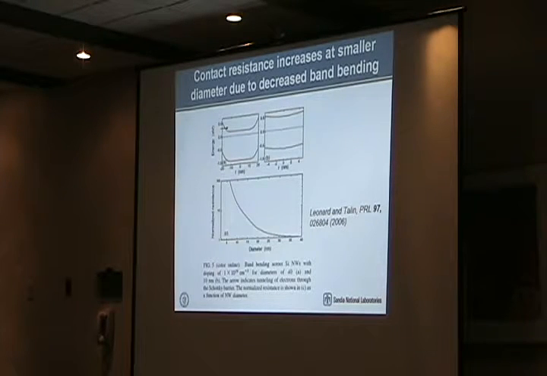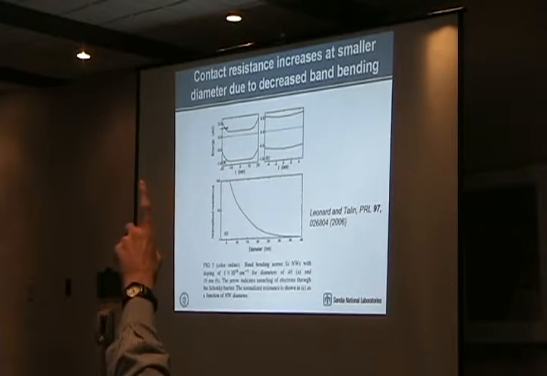For example, Pd makes a good ohmic contact, which creates an N+ region, or a heavily doped region, and so the electrons can tunnel through it. But if the dimension is very small, then the bands can't bend completely, and so it becomes very hard to tunnel through, and that can also lead to higher contact resistance.